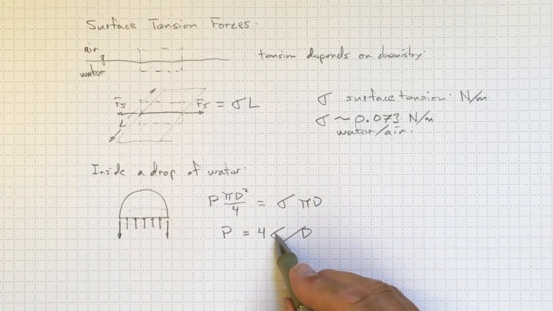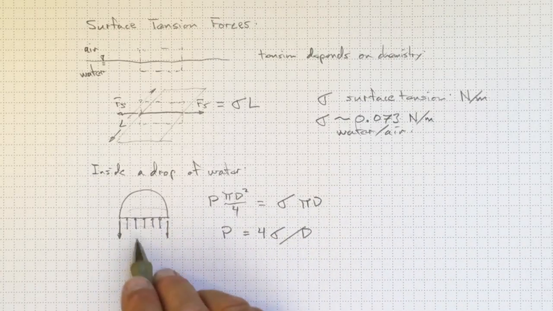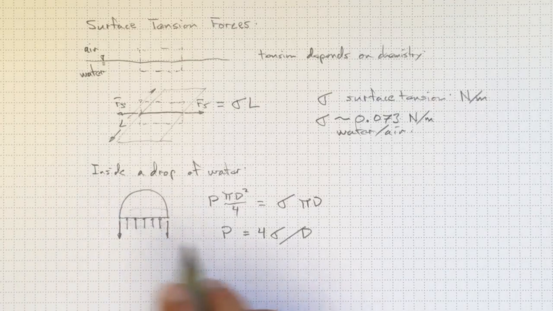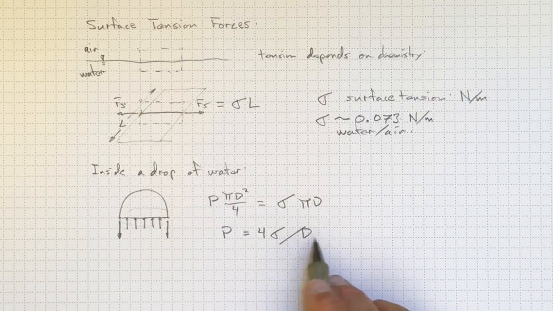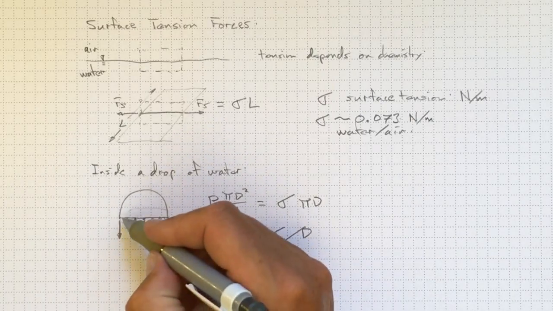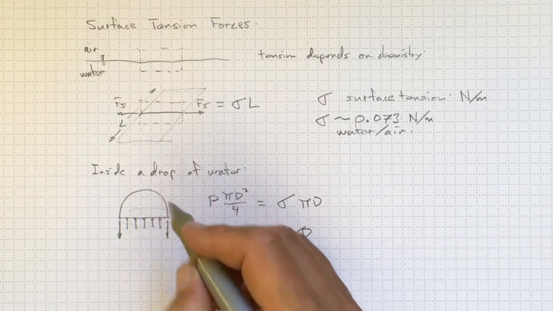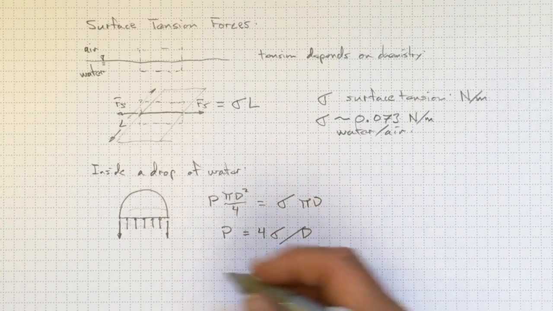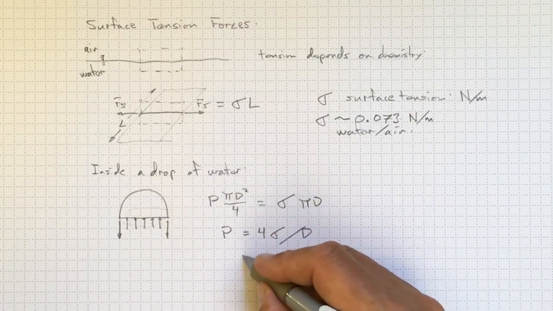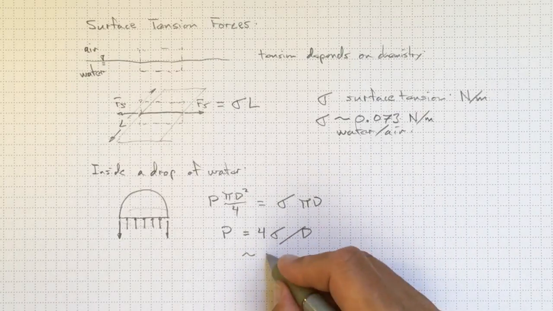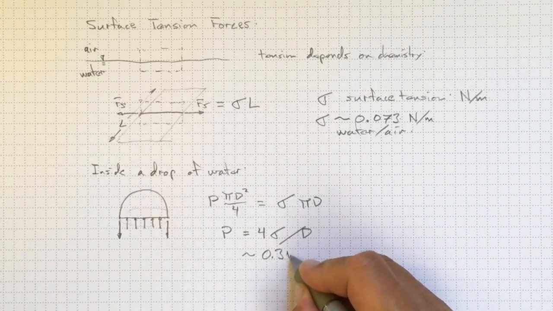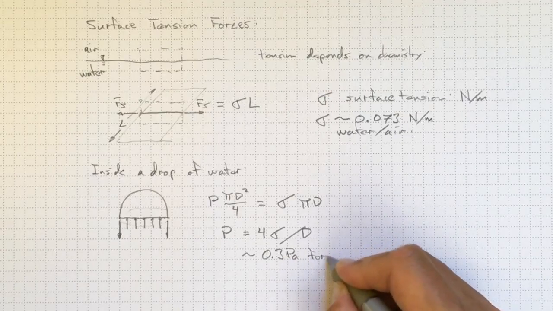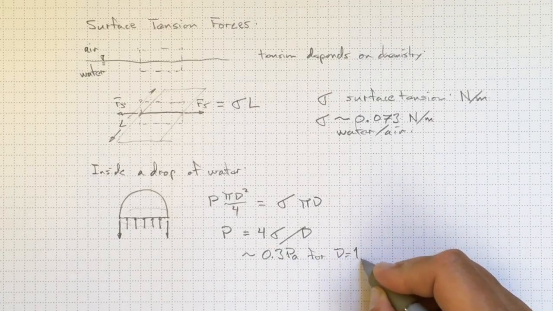So that says that the higher the surface tension, the higher the internal pressure will be compared to the pressure outside the drop. And the larger the drop, the lower that pressure will be. This radius of curvature will be lower, and there'll be less surface tension pressure effect. So if we calculate that pressure, it'll be about 0.3 pascals for a diameter of 1 meter.